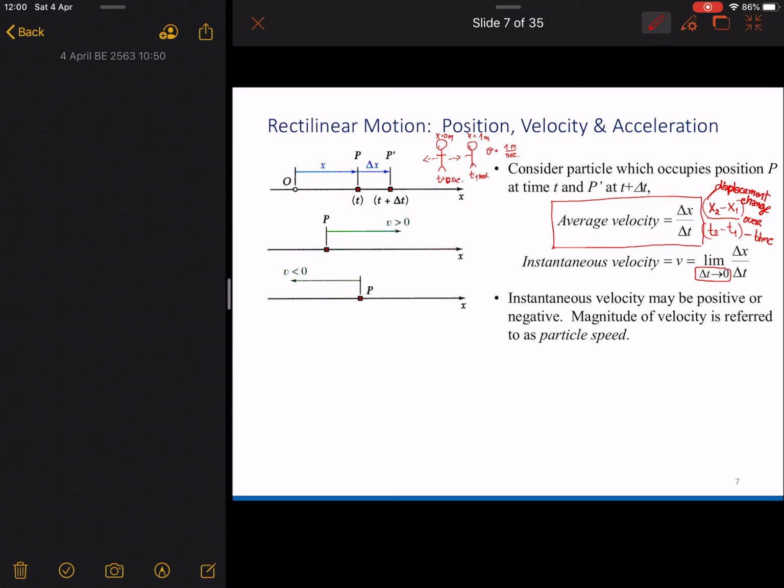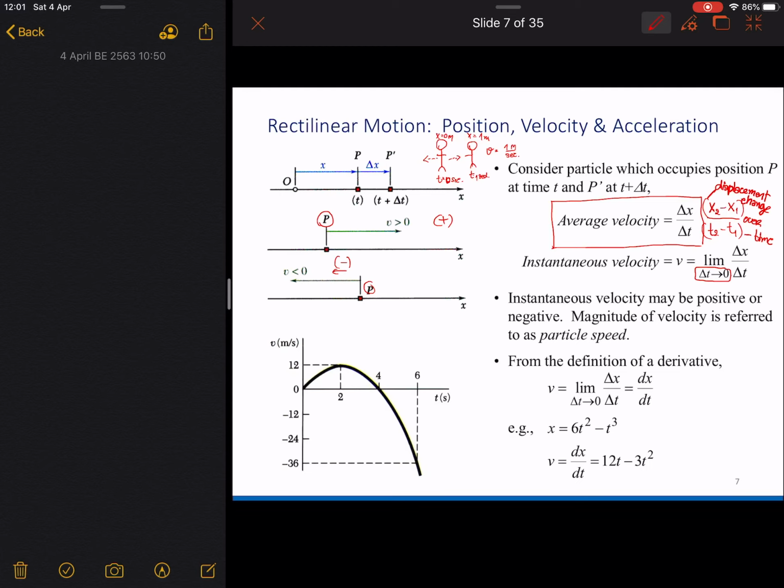And as I mentioned before, if you're standing here in the first position and you move forward in the positive sign, then your velocity is positive, more than 0. And if you move backward here, negative sign, then velocity is also negative.